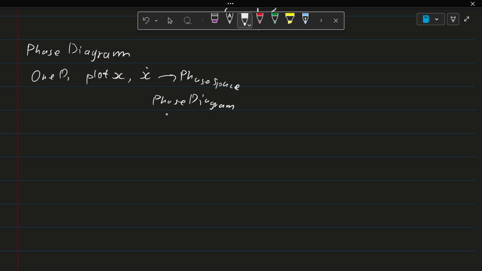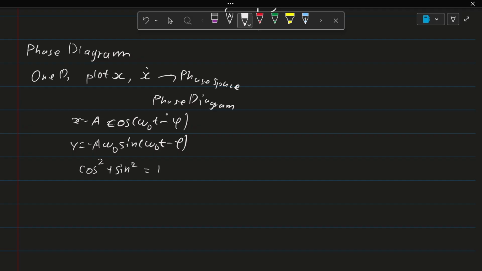and it will result in something which we call a phase diagram or a phase portrait. So let's recall from the previous derivation that x equals A cosine(omega 0 t minus phi), and y equals negative A omega 0 sine(omega 0 t minus phi). If you notice, cosine squared plus sine squared must equal 1, right?